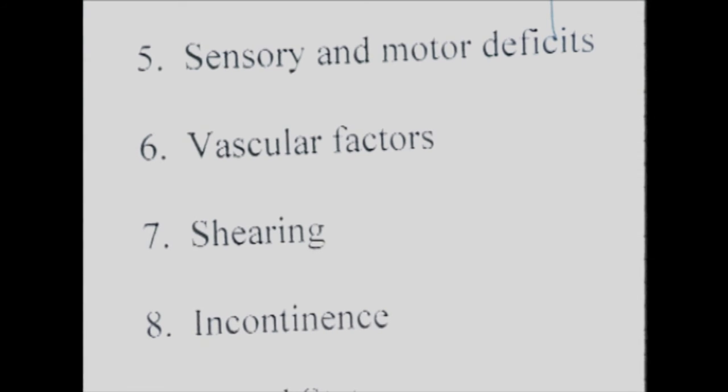So any condition which lowers the perfusion pressure of the blood, due to the fact that the blood pressure is low or the blood vessels are unable to carry the blood properly because they are diseased. So, vascular factors.